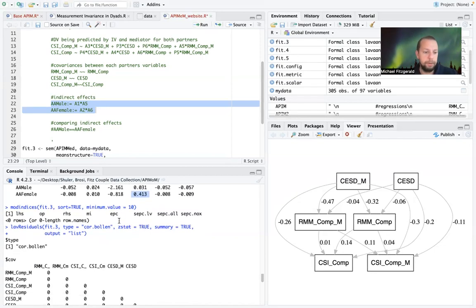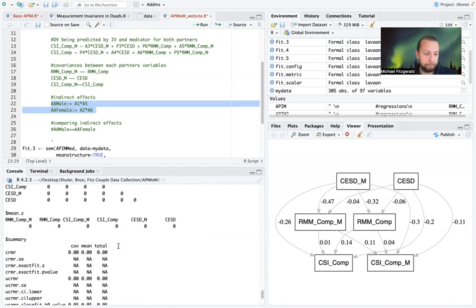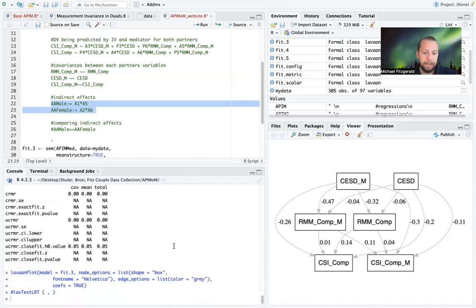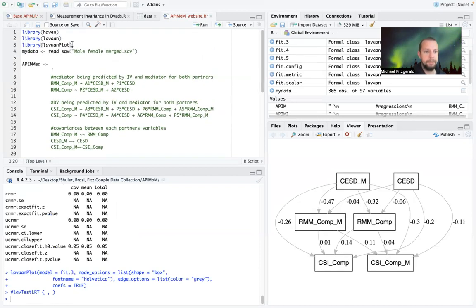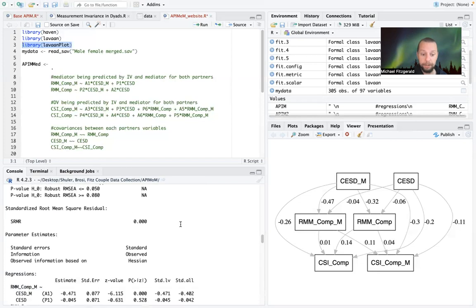Okay. So here's where our mod indices would be. Here's where our residual variances and covariances and correlations would be.